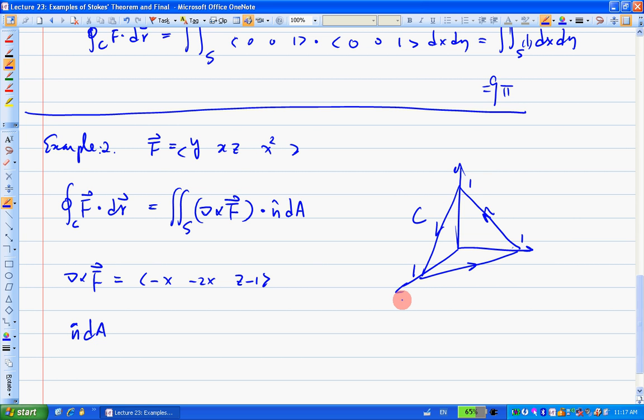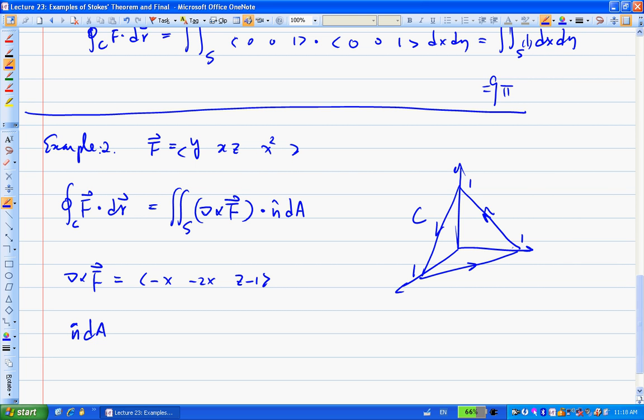If I use this triangle, I need to know what this surface S is, and I need to pick the right direction for the n hat. So, right-hand rule.